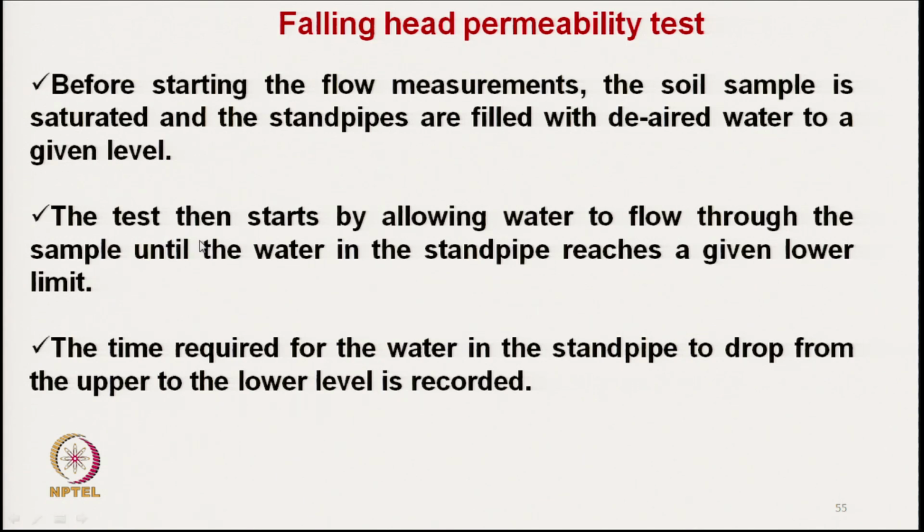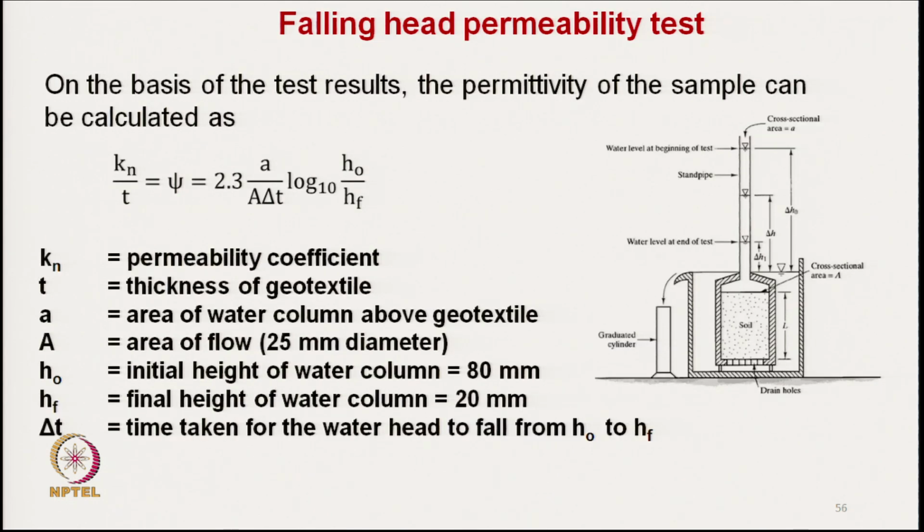So, the test then starts by allowing the water to flow through the sample. Time required for the water to fall from the top to the lower point is recorded, and from there we calculate the falling head permeability using this formula, that is, we can calculate the permeability coefficient and permittivity.